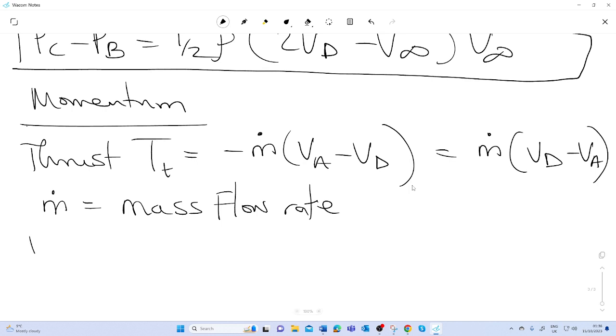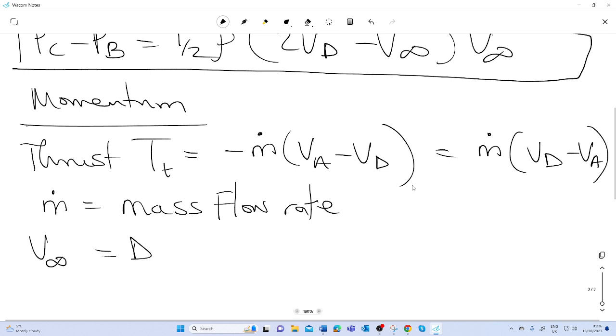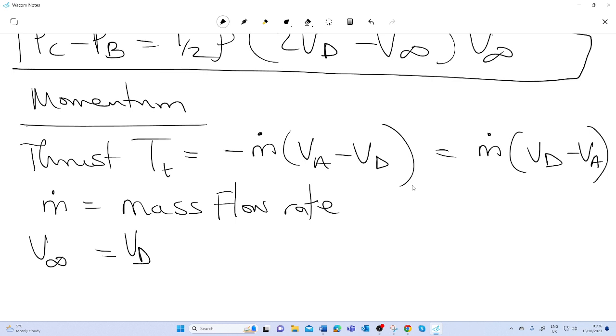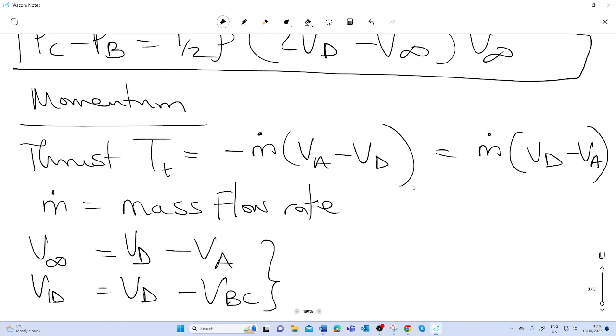From there, you can deduce that V infinity equals VD minus VA, and V induced equals VD minus VBC.